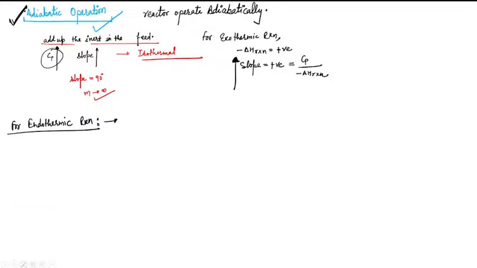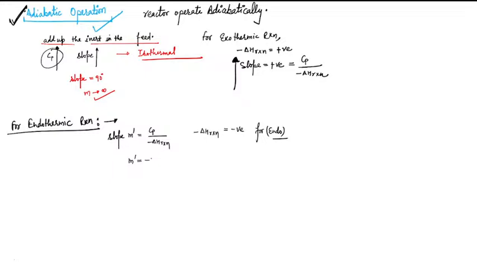So you can easily write it, sir. The slope m prime, in the xa versus T plot, will be Cp divided by minus delta HR of reaction, and delta HR of reaction will be negative for an endothermic reaction. So what will m prime be?